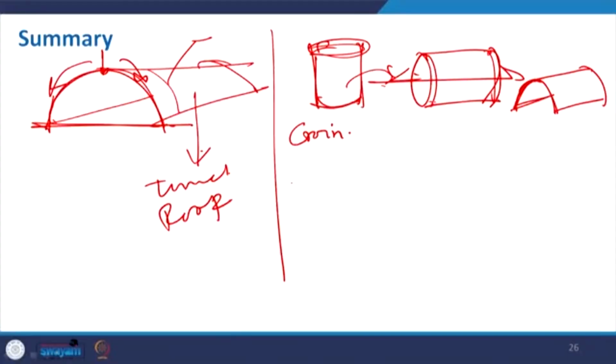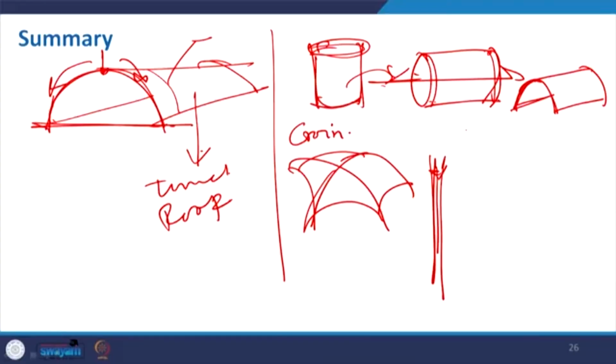Then we moved a little bit, and the intersection of two will give you the groin vault. Then we also discussed the intersection of different arches, and then creating the dome with the crossed arch dome, or we have the cluster vault. Then we have the rib vault, and we have also seen that at the corner of the groin vault, where two different vaults intersect each other at 90 degrees, the corner will be crucial and can be supported.